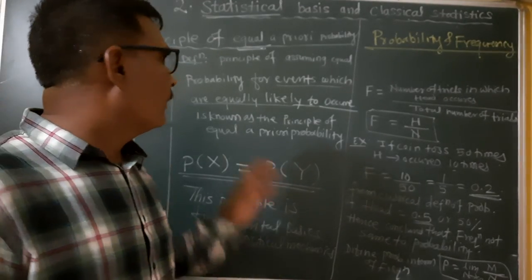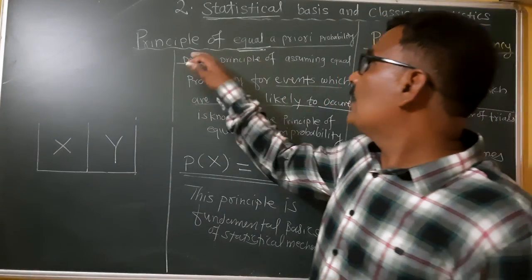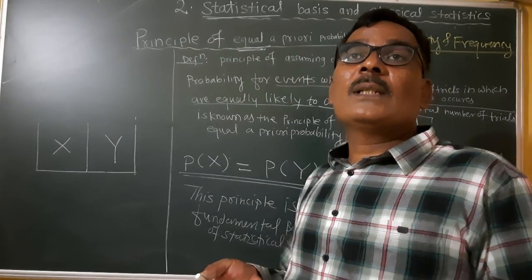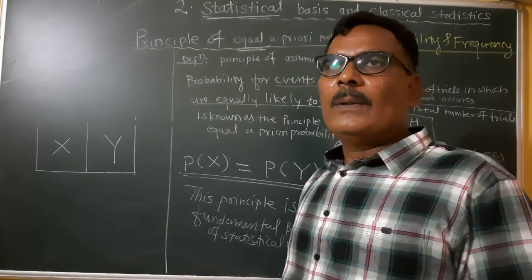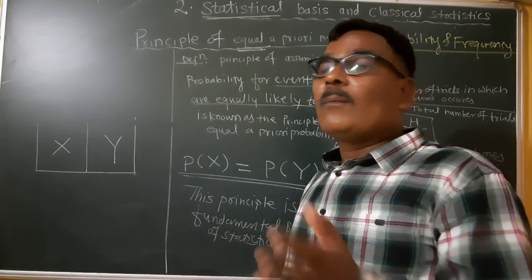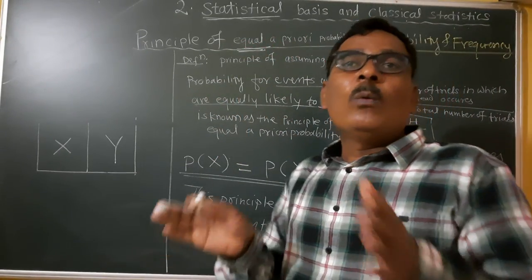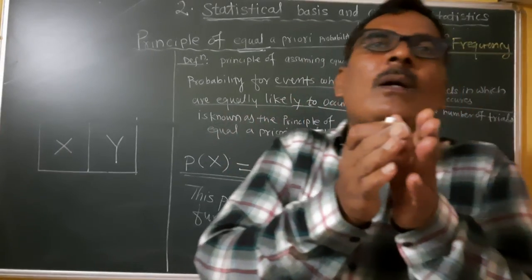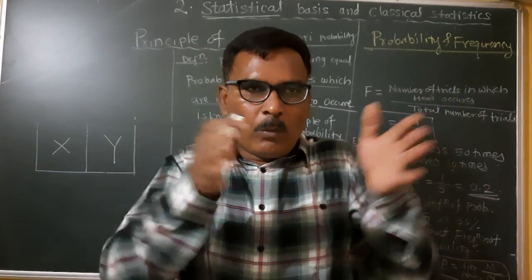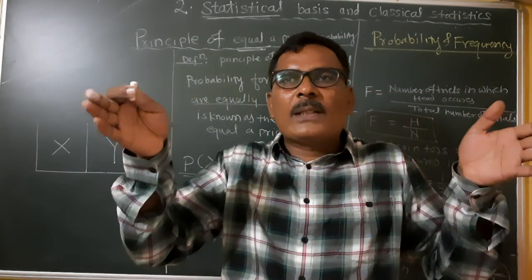First of all, we consider the principle of equal a priori probability. When a coin is tossed, it may be head or tail. But to study this principle, we consider another example: a box with two compartments of equal size.